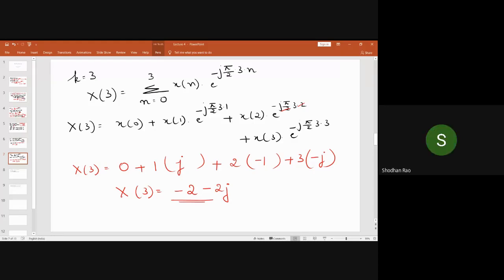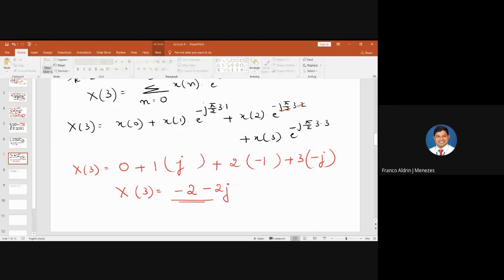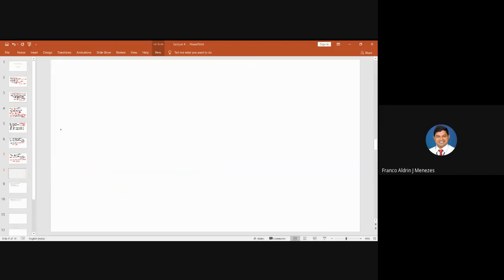Yes, okay. So we have got all the values, and we will put them together here: x of 0, x of 1, x of 2, and x of 3. We have to write x of k in sequence form. What is x of 0? 6, sir.